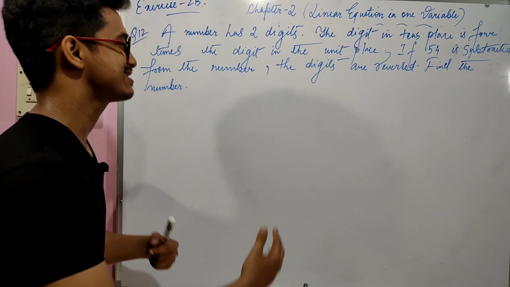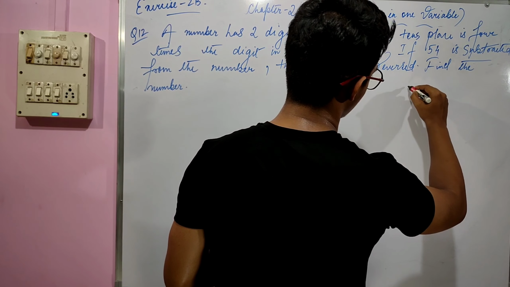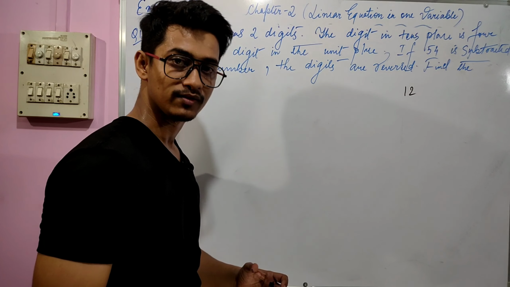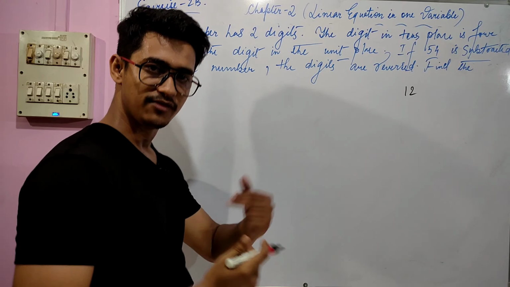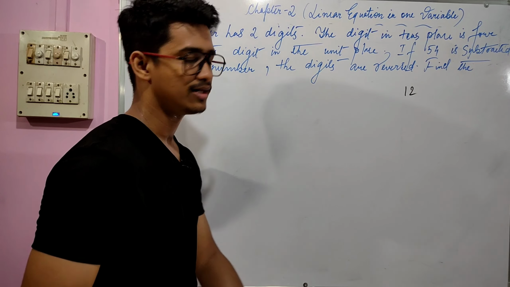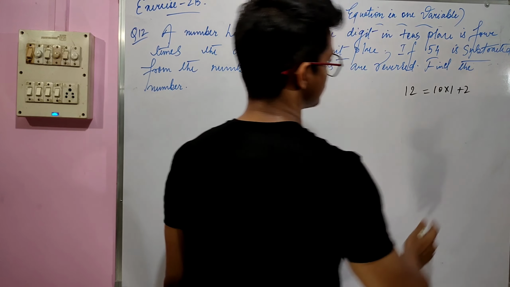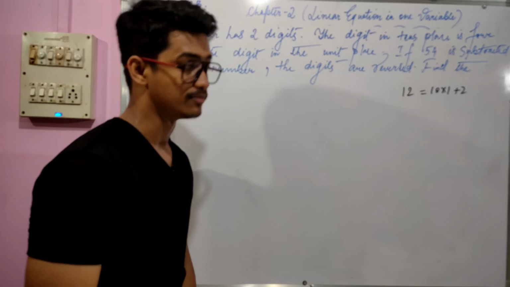So first of all, let's understand how I will frame that 2-digit number. So let's say I'm talking about 12. To write 12 in a different way, how will you write it? You can write it like 10 into 1 plus 2. So that is basically our expanded form.